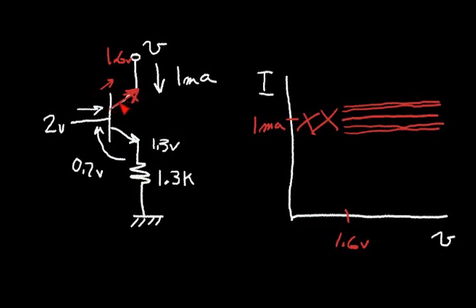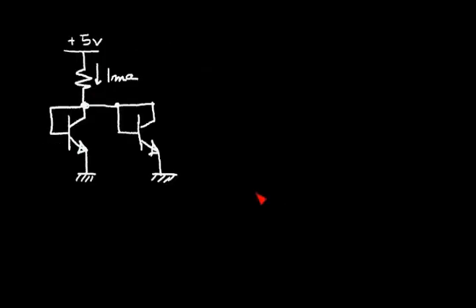So let's consider some other ways we might do this current source in bipolar technology. Here I have two identical NPN transistors where the base and collector nodes are connected together, and I have a resistor connected to plus 5 volts that supplies 1 milliamp of current to these transistors.